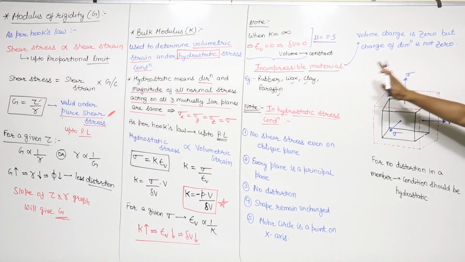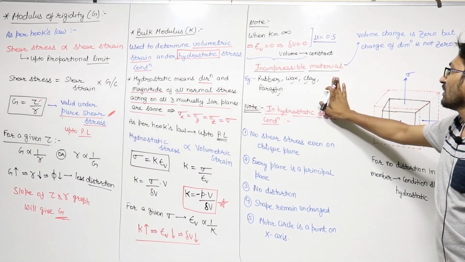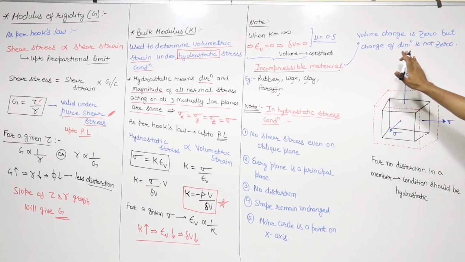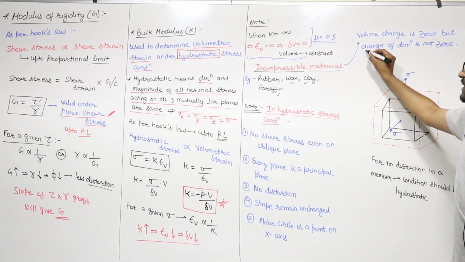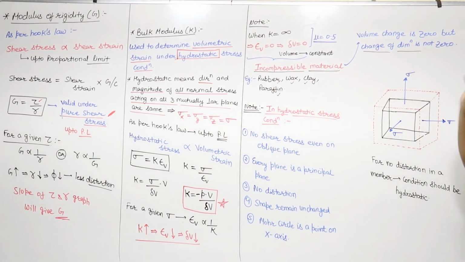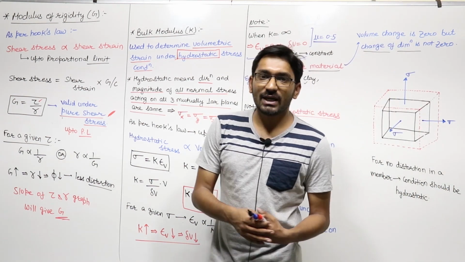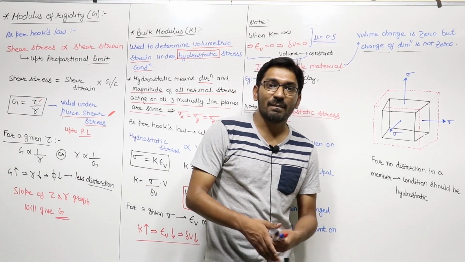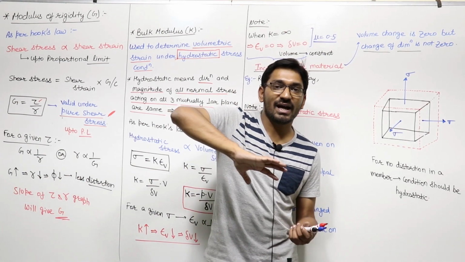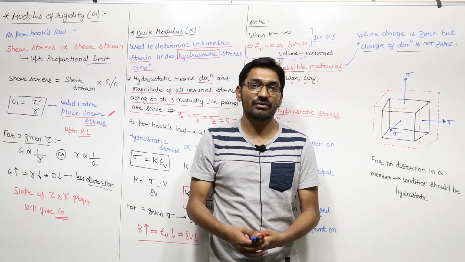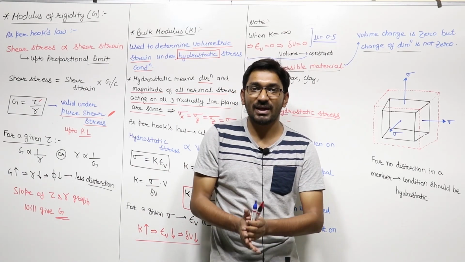What is the meaning of incompressible material? The change of volume will be 0, but it doesn't mean that the change of dimension is also 0. Change of dimensions will be there, right? The dimensions are changing, but the change is such that the total volume will remain the same.